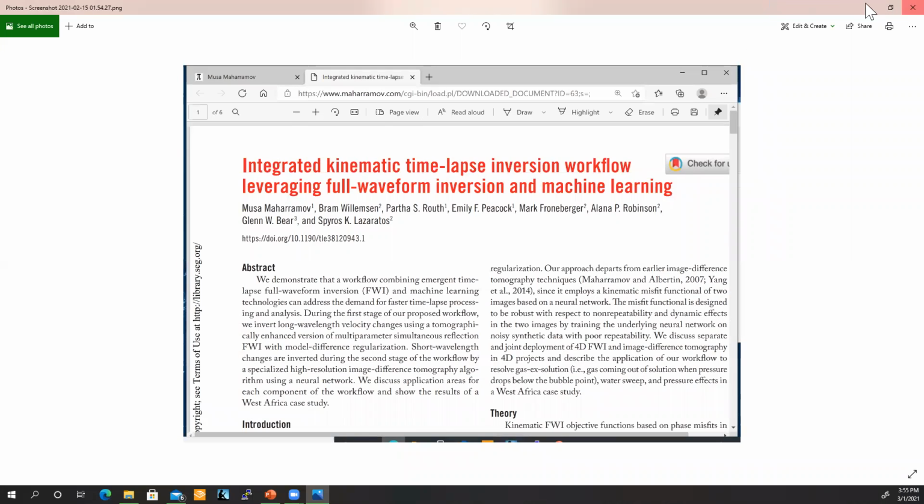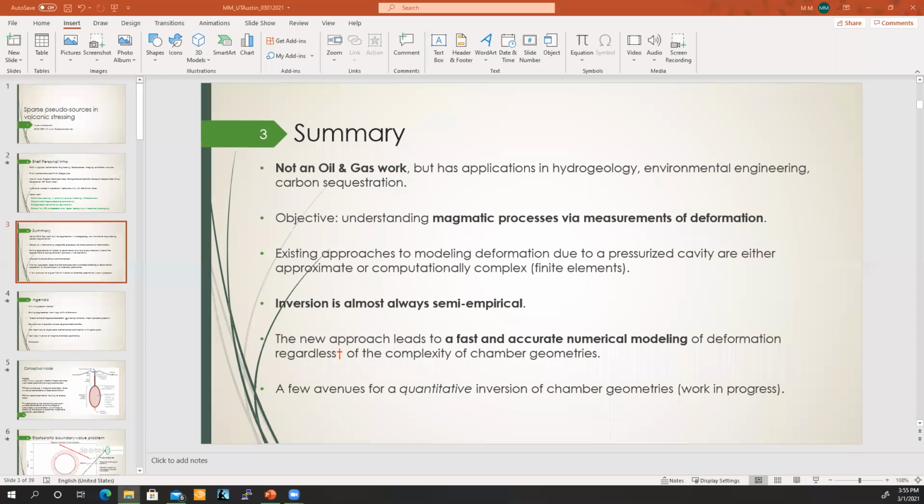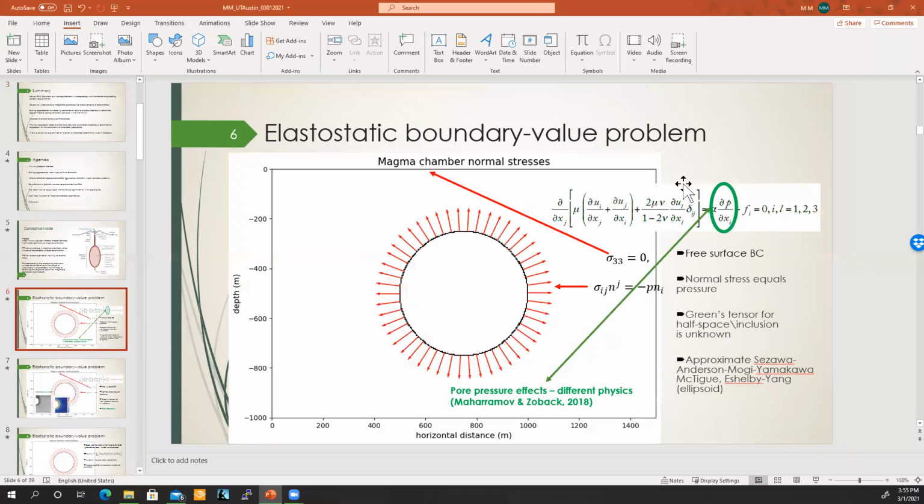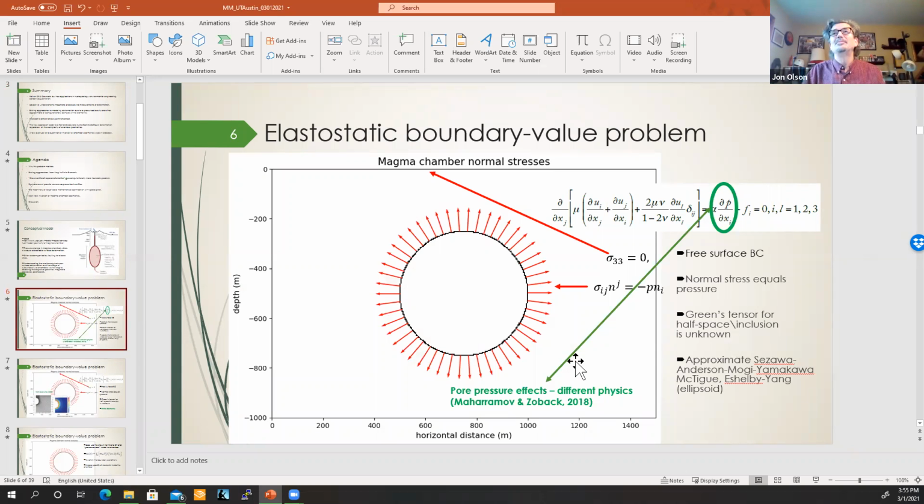Actually, I wanted to share something else. You're absolutely right. I mentioned that, but those applications are more along the line of pore pressure effects, poroelastostatic applications. I totally agree, those are very important. And those are actually easier, believe it or not, than fluid-filled chambers.